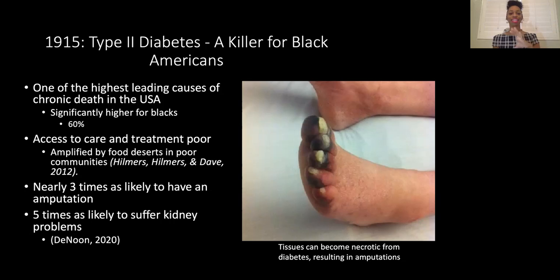When we look at access to care and treatment, it's extremely poor, and it's also amplified by food deserts in poor communities where they don't have access to fruits and vegetables. And if they do have access, then the pricing is generally outside of what the poor communities can afford.